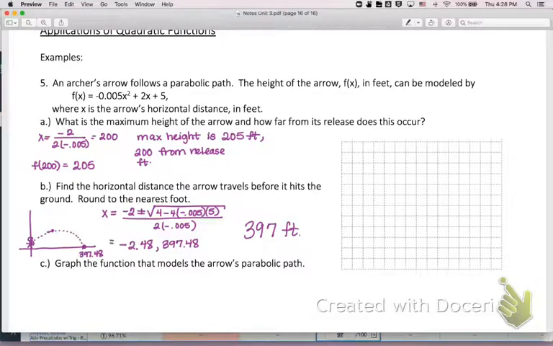Now it says go ahead and graph this. Well, we know that this graph has to go up to essentially 400, 397.48. And then we know that the maximum height is 205. So let's see how many boxes we've got here. We've got 5, 10, 15 boxes.